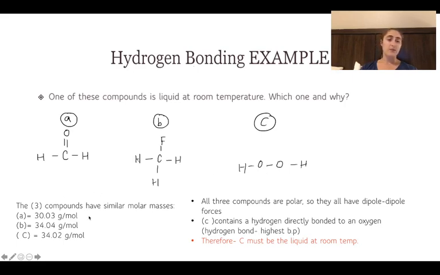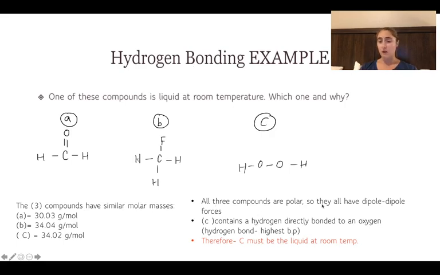The first thing we would look at is their relative molar masses. They all actually have really similar relative molar masses, so we can't really base anything off of this. The next thing we would look at is the polarity. All of these molecules are polar, and that means they all have dipole-dipole forces. So we can't base our answer off this. By the way, when it says is it liquid at room temperature, that means it's going to have a high boiling point and a high melting point. So we're looking at something that has the strongest type of bond present.